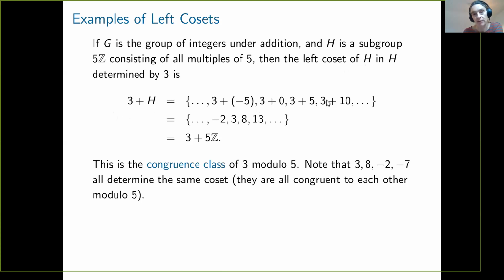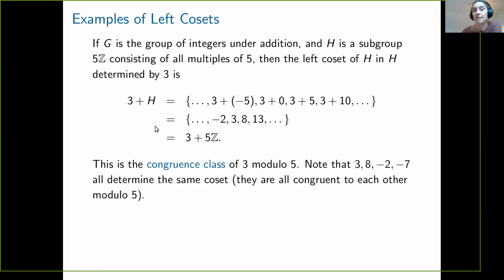So instead of 0, 5, 10, we get 3 plus 0, 3 plus 5, 3 plus 10, 3 plus minus 5, and so on. That gives the subset of the integers whose elements are minus 2, 3, 8, 13, and so on. They differ by 5 from one to the next.